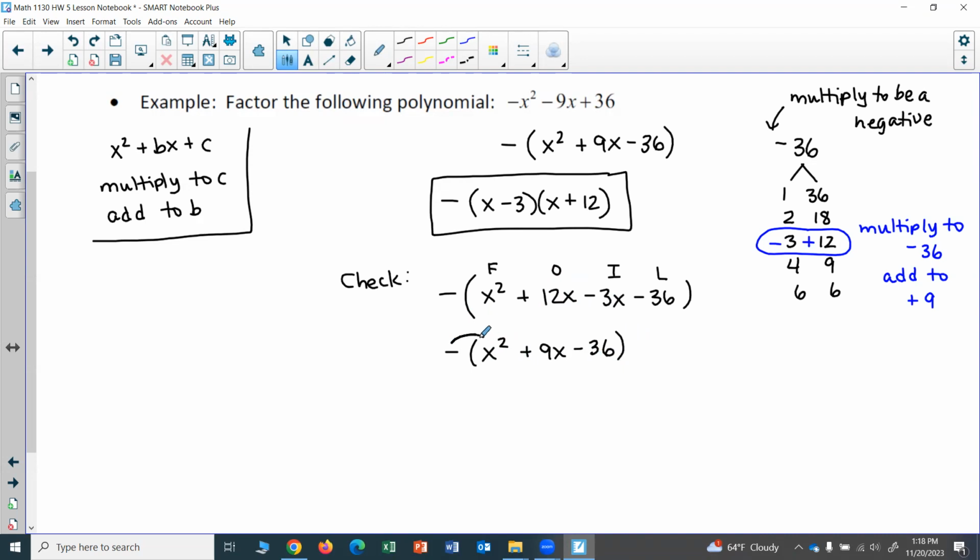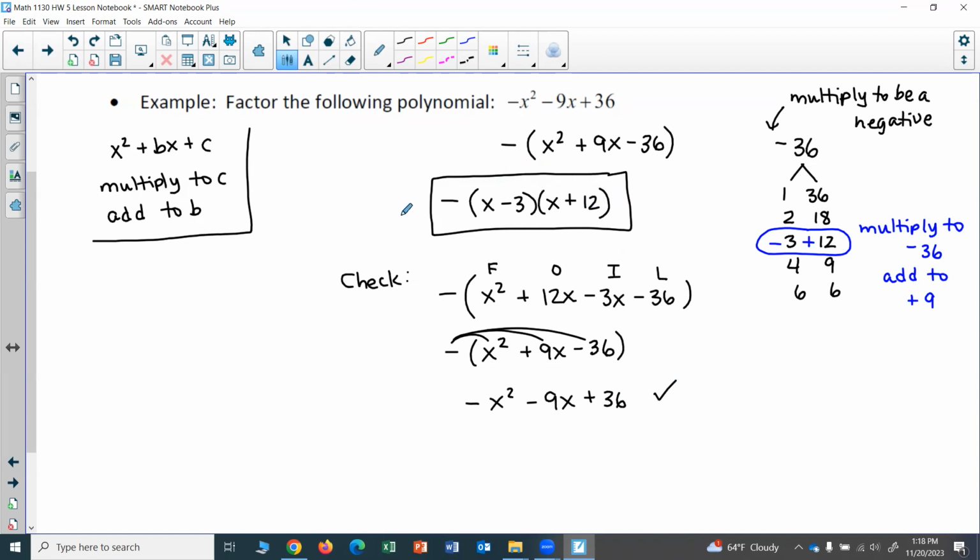Then distribute. And so I would end up with negative x squared minus 9x plus 36. And I just look at my original, negative x squared minus 9x plus 36. That checks out.